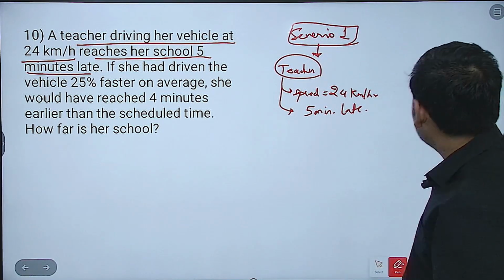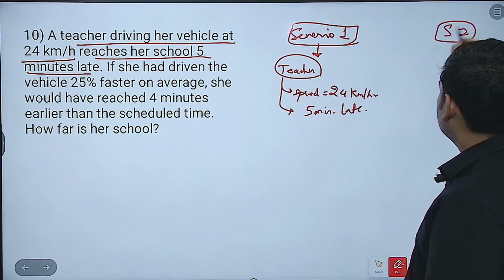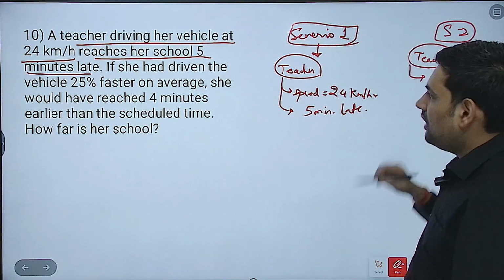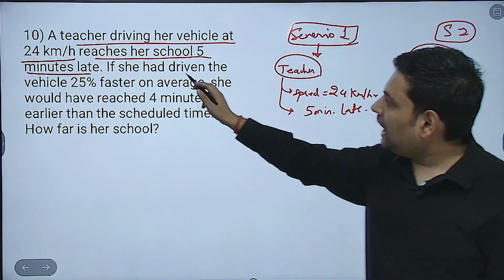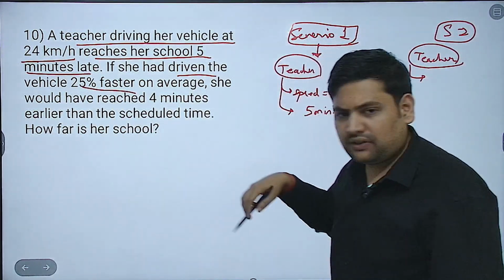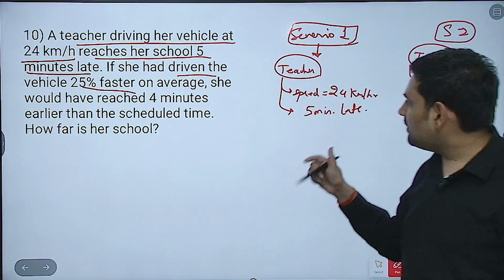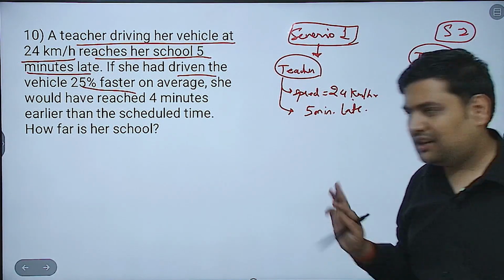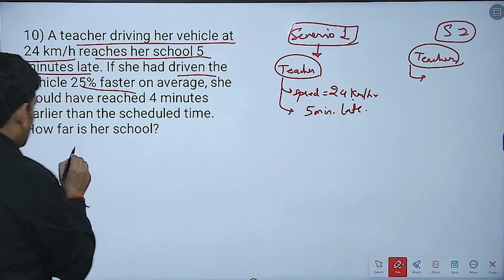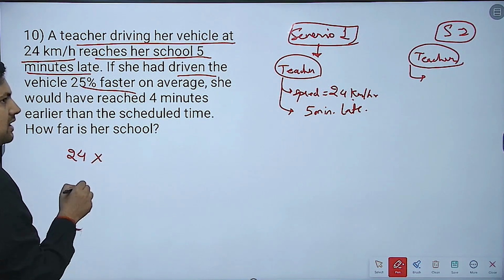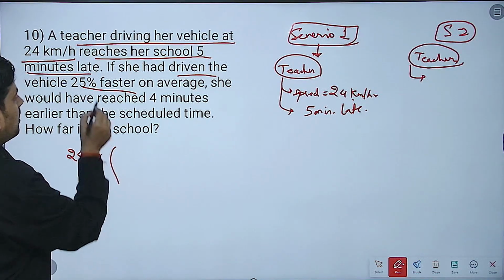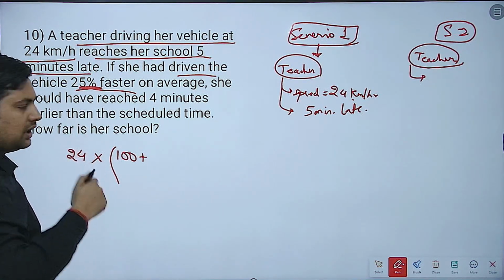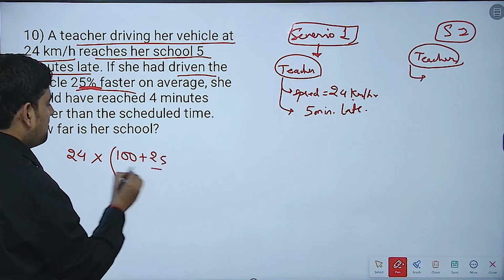Now let's see scenario 2. Here also the same teacher. Now if she had driven the vehicle 25% faster than 24 km per hour, what is 25%? 1 by 4 added. Or simply, in percentage we had seen, 24 km per hour into 25% faster means 100 plus 25 by 100.